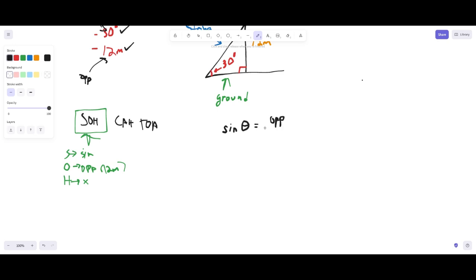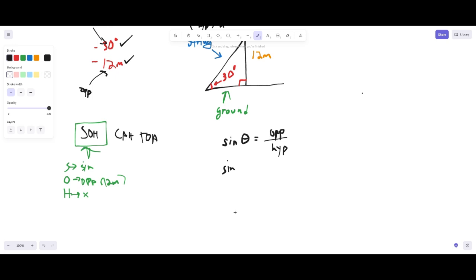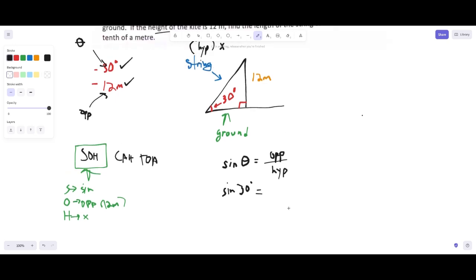So we get opposite over hypotenuse. Cool. All right, so now we have sine, and then angle theta, we already know what that is in our case, which is 30. So let's add that. 30 degrees, and then that's going to equal, and then let's substitute in whatever we know for opposite and hypotenuse. So for hypotenuse, it's going to be not HYP, but x, because that's what we've assigned the unknown value to. And then the opposite is going to be 12.